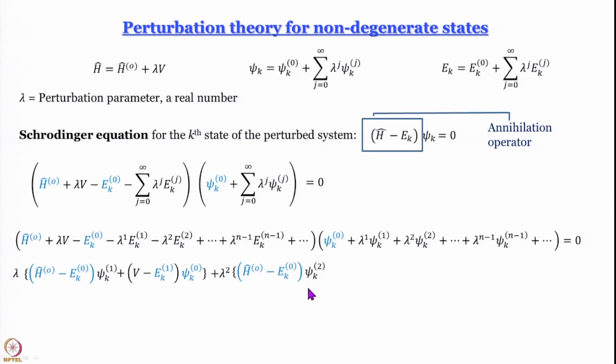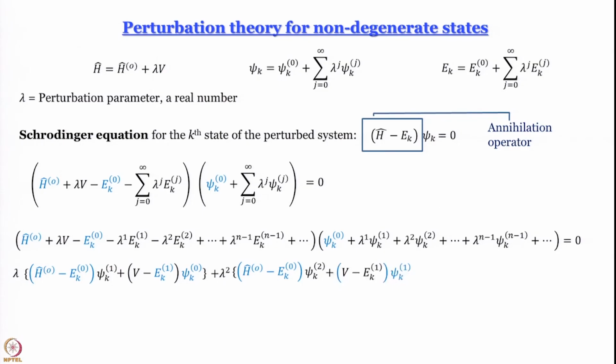Okay. What else do I have? Do I have anything in first order correction to the wave function? So, here I have lambda psi k first. If that is operated upon by again lambda v, then lambda square will come out, and if it is operated upon by this lambda into E k first, then once again lambda square will come out.